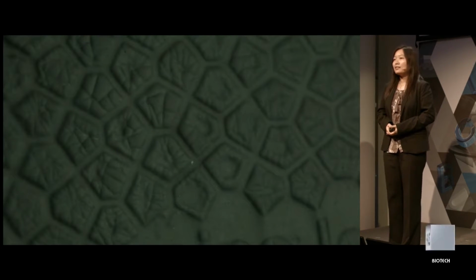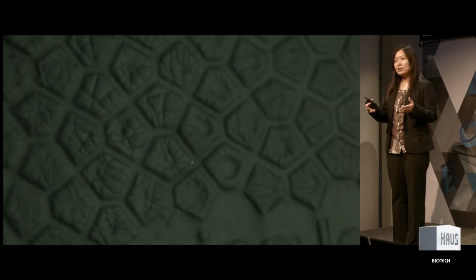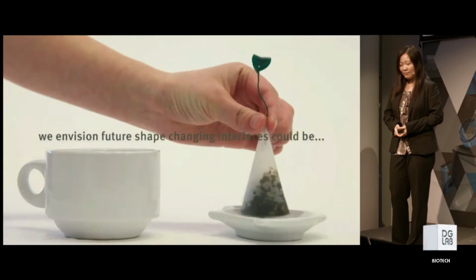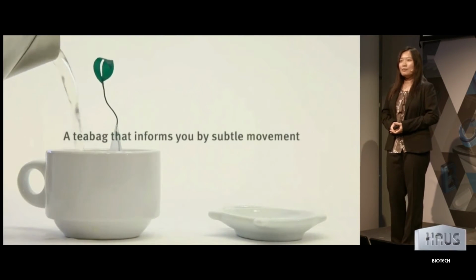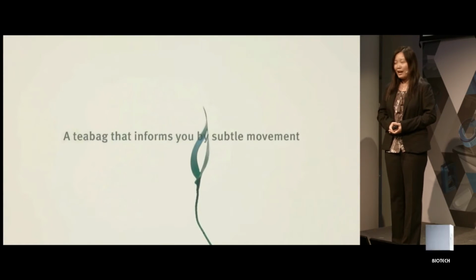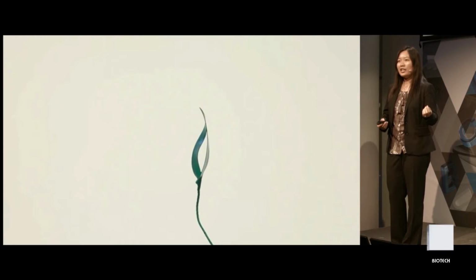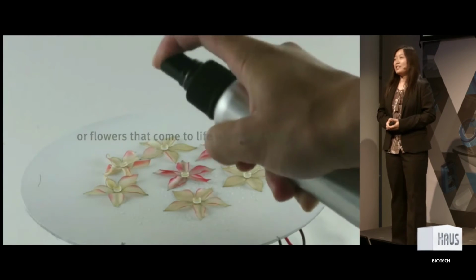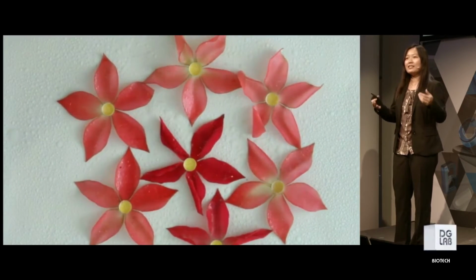This provides us a great space to come up with new ideas and utilize this material to make some really interesting objects, such as this very cute tea bag. It has biohybrid tea leaves on top. When you put the tea into it, it can sense the humidity change and tell you when your tea is ready.